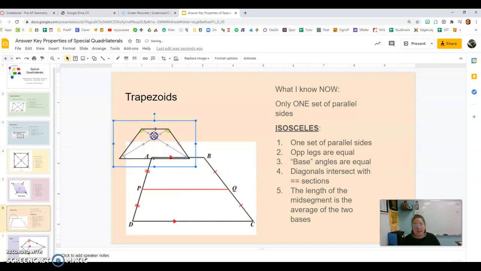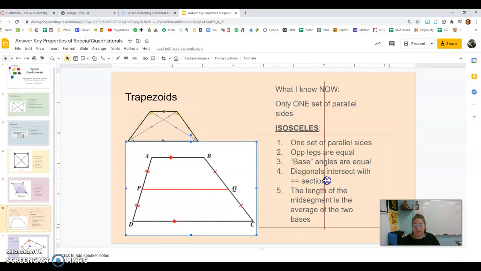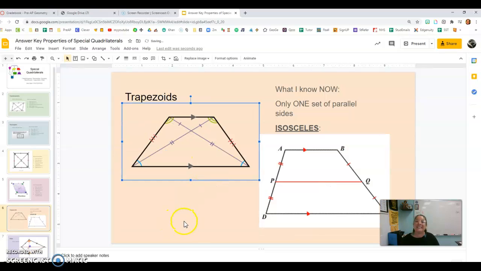And then the other thing that we need to talk about is number 4. So in an isosceles trapezoid, let me move that back and zoom this back out again. In an isosceles trapezoid, the diagonals bisect each other, and this is the part that's a little bit weird, but they actually bisect each other and create two equal sections, okay?